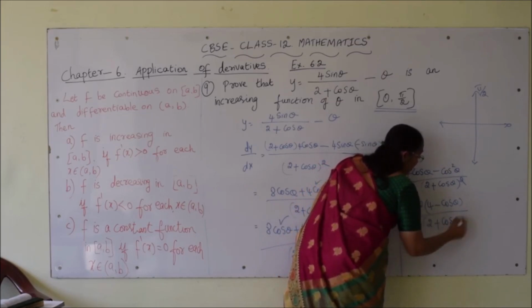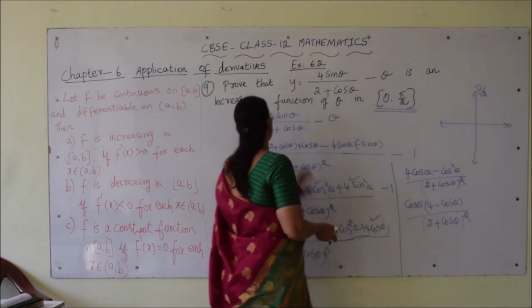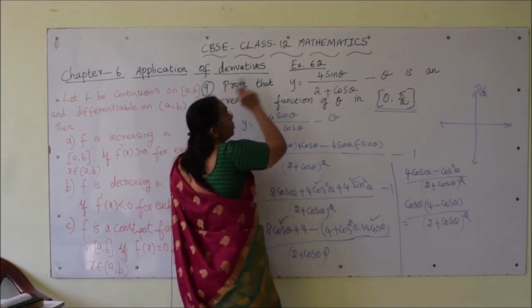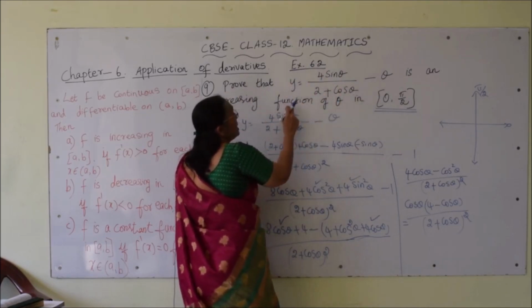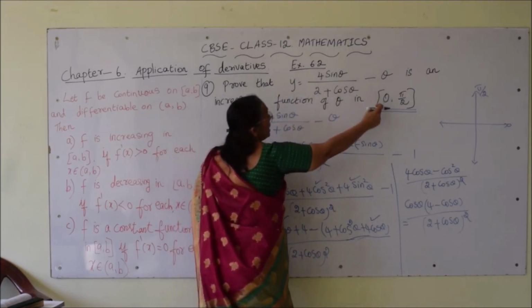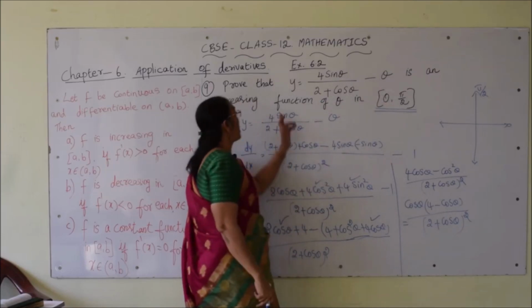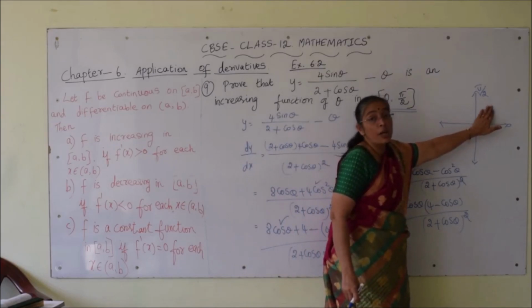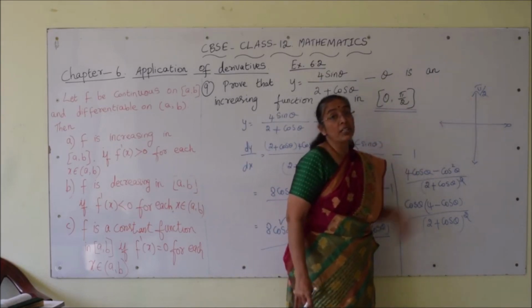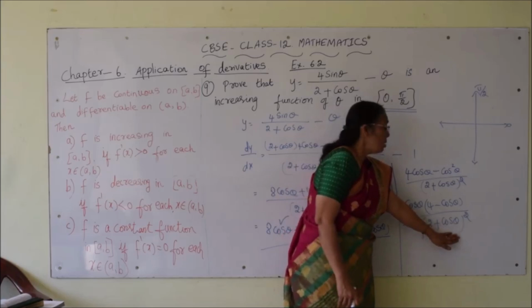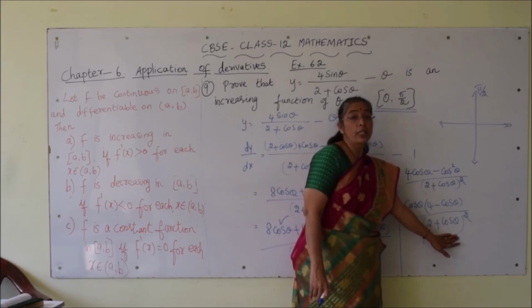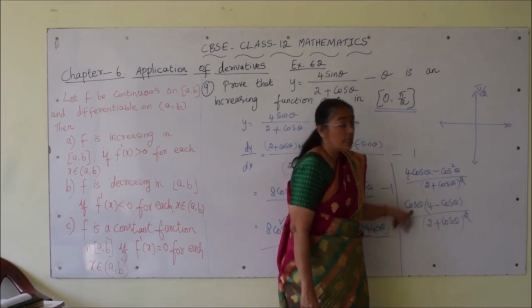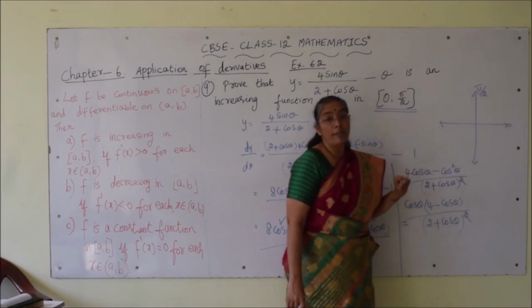Now let us check where the function is increasing or decreasing. This is our dy by dx. The question is to prove that the function of theta is increasing in the interval 0 comma pi by 2, this first quadrant. Now the denominator, 2 plus cos theta whole square, is always positive. Coming to the numerator, cos theta in the first quadrant is always positive.